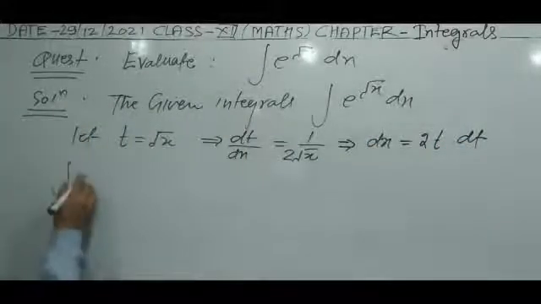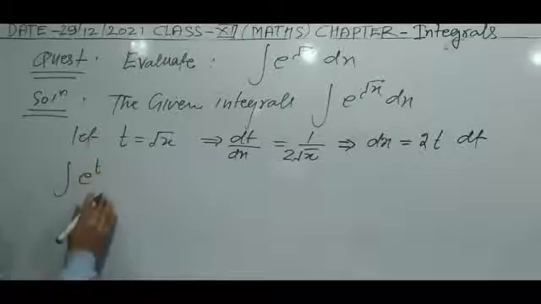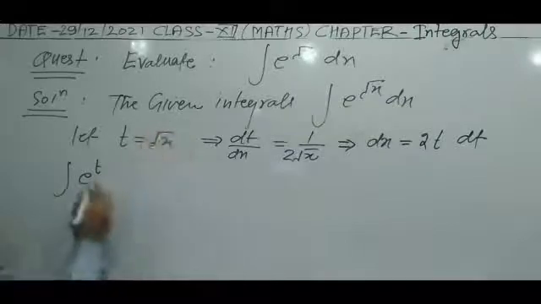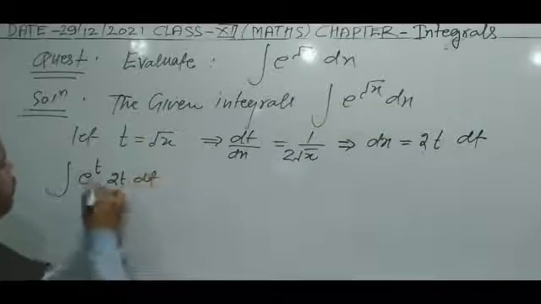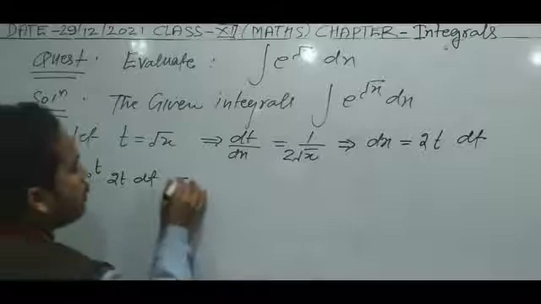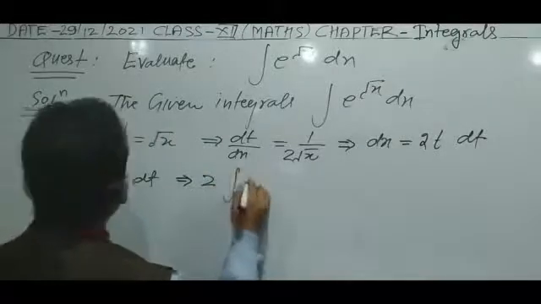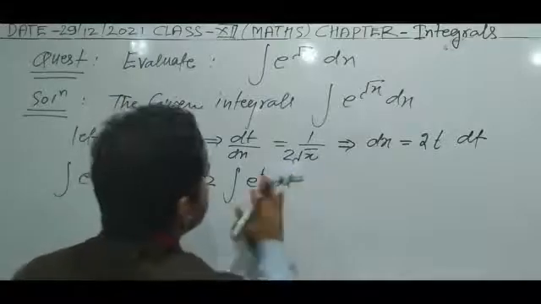Now integration over e to the power t, and now dx we can write 2t dt, and now 2 is constant, that will be outside the integral. So 2 times integral over e to the power t with the t dt.